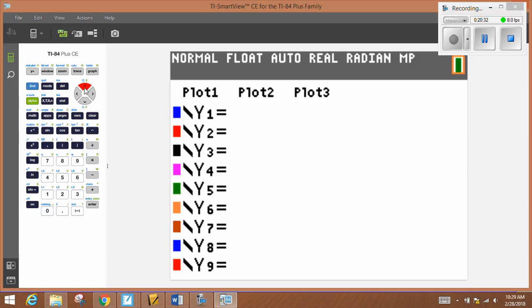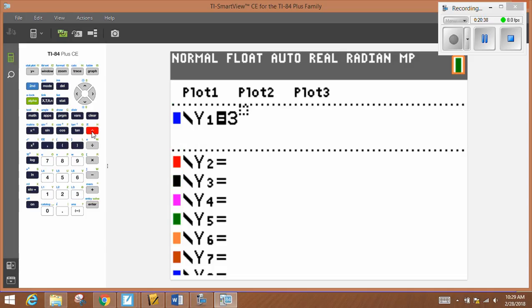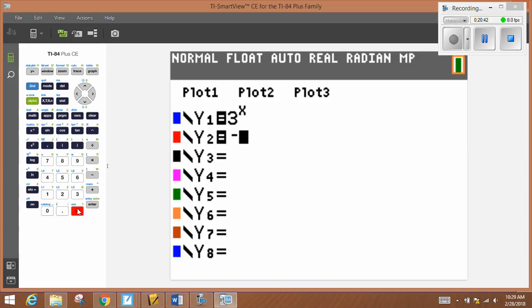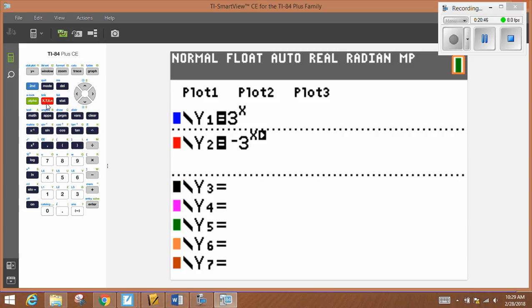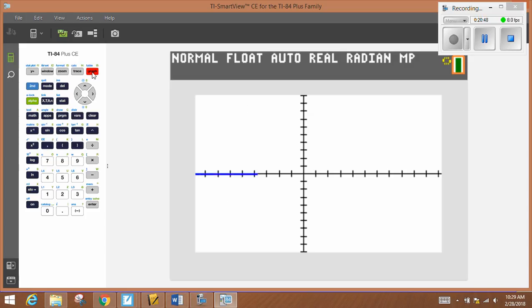Let's see what happens if we graph 3 to the x power, and then we graph negative 3 to the x power. What's going to happen? It's reflecting it about the x-axis.